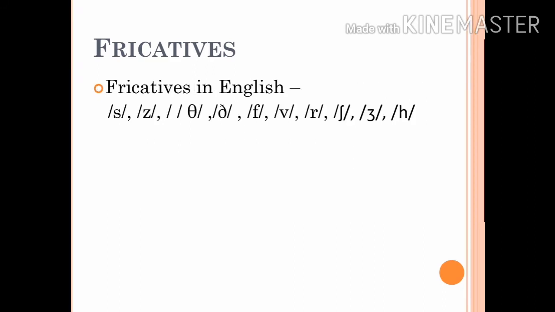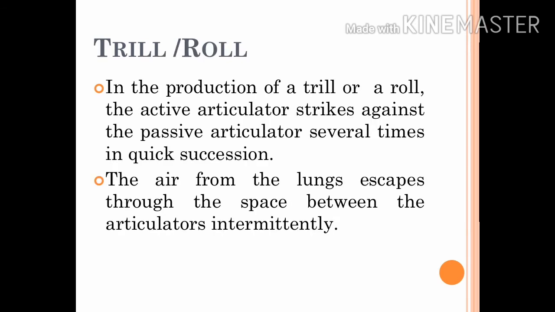The fricatives in English are s as in sea, z as in zebra, th as in thin, th as in then, f as in fan, v as in van, sh as in ship, zh as in pleasure, and h as in head.